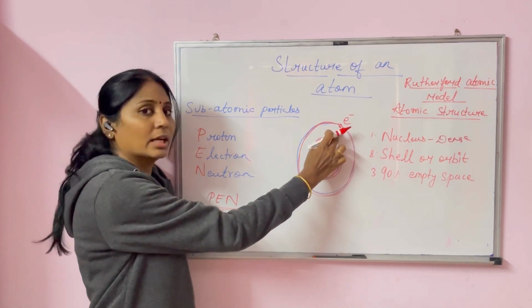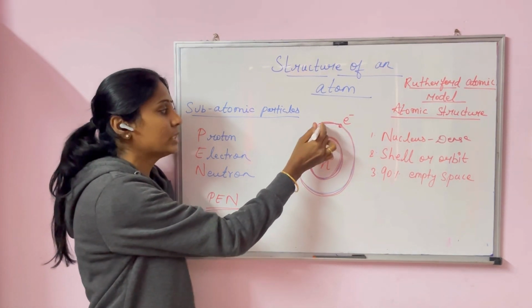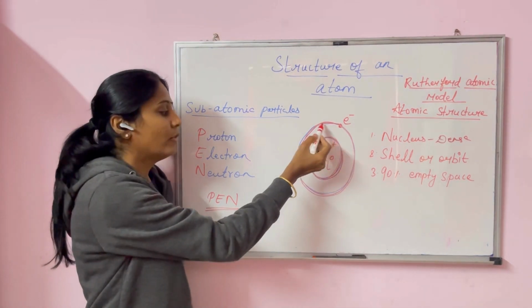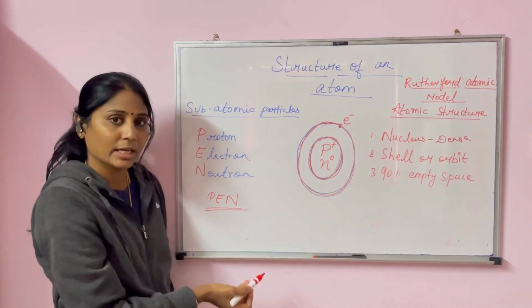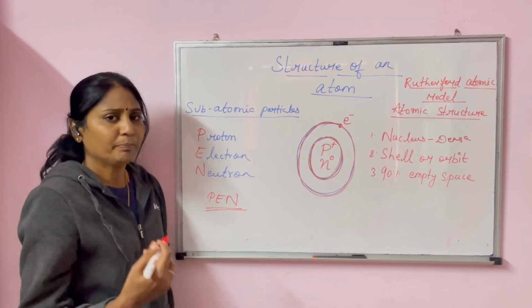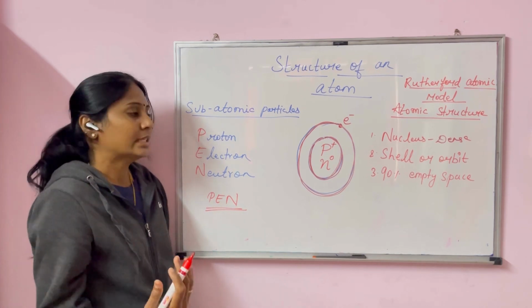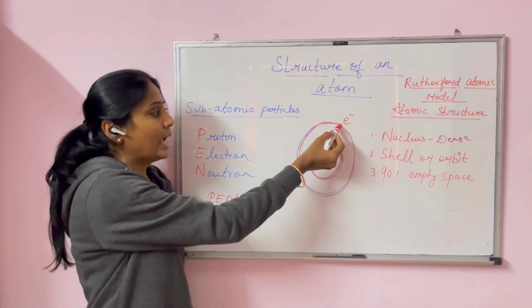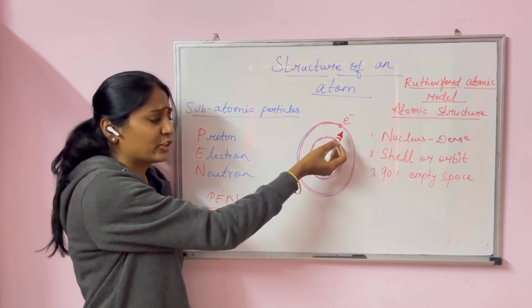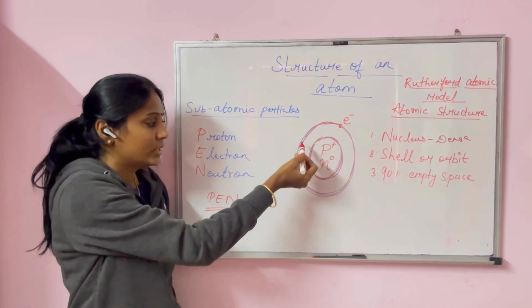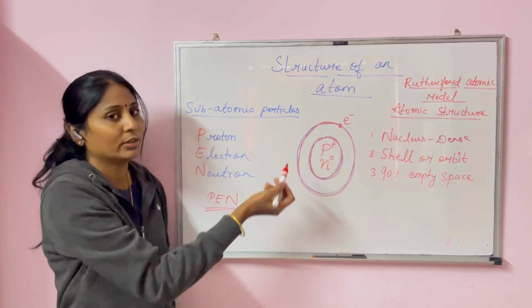The electron is present at the outermost orbit, or we call it the shell, and it revolves around the nucleus. For example, the earth is revolving around the sun, right? In the same way, we consider the electron as the earth and the nucleus as the sun. So the electron is just revolving around the nucleus.